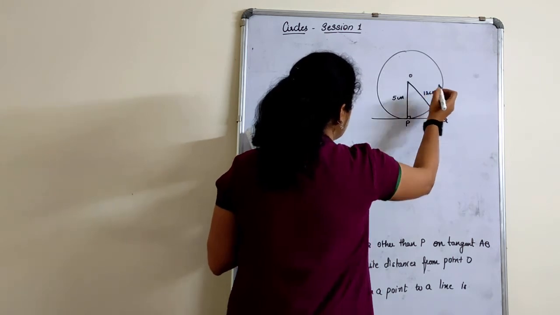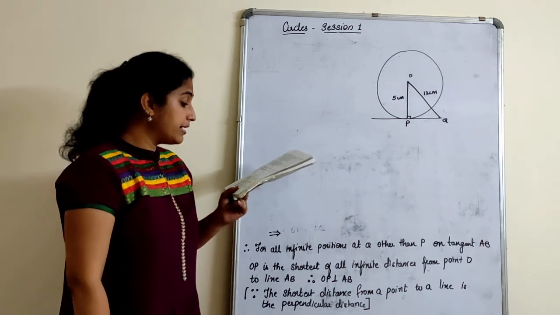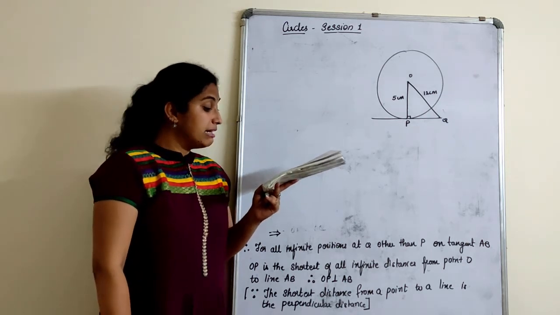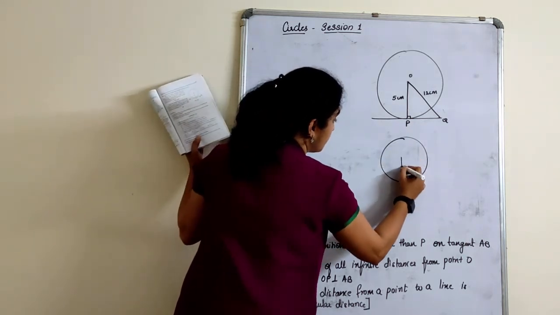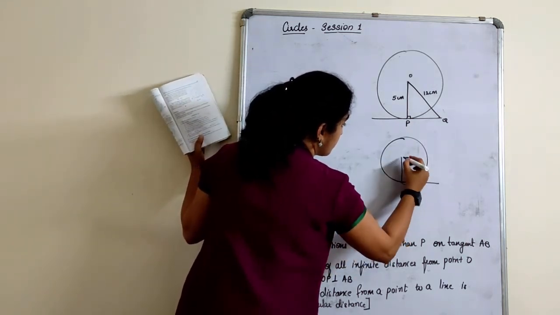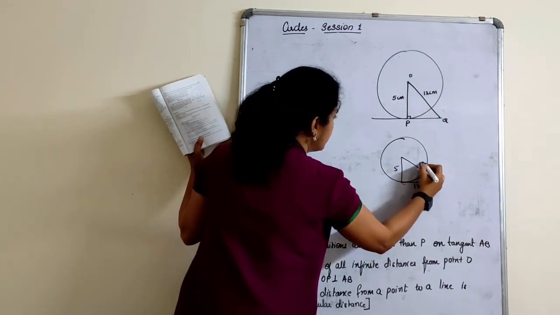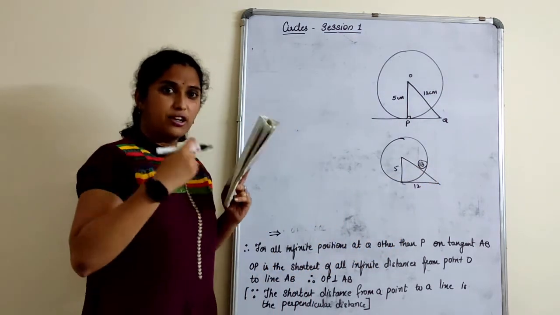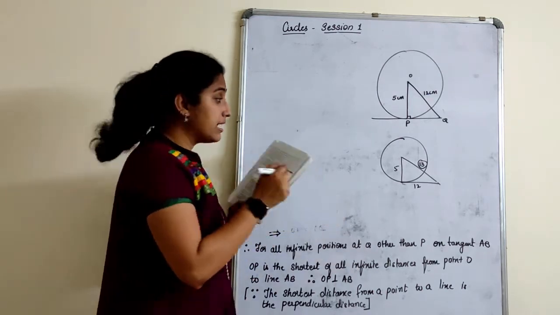We usually get confused with this, right? When we see that 5 and 12 are given, directly we assume the figure to be like this. This is 12 and this is 5, and you directly say that this is 13 centimeter, because 5, 12, 13 is a Pythagorean triplet. But read the question exactly as they have given.